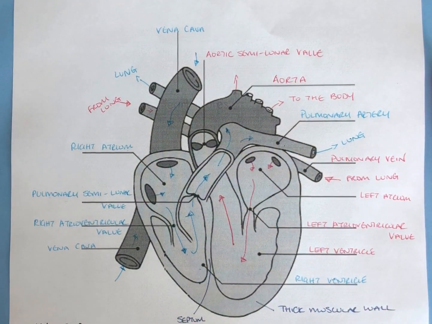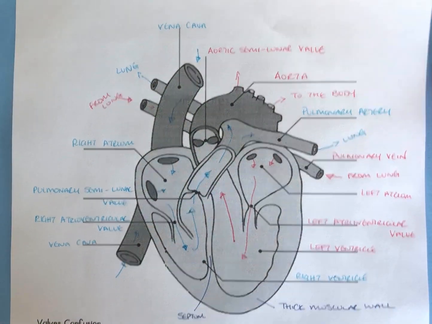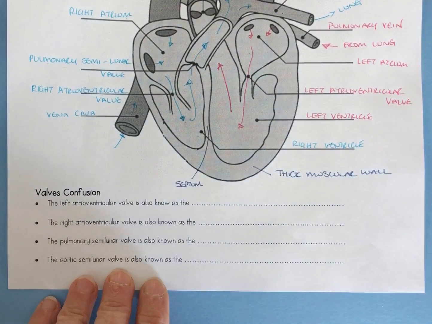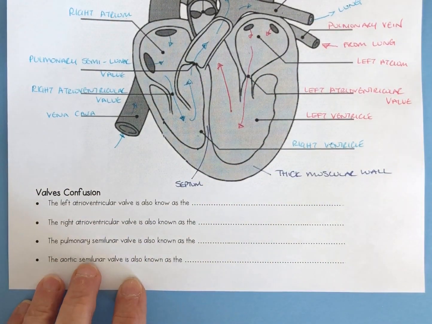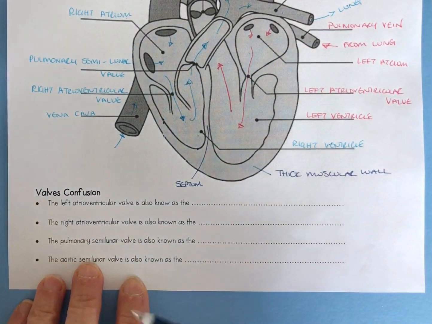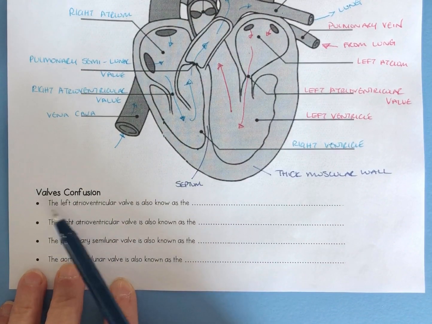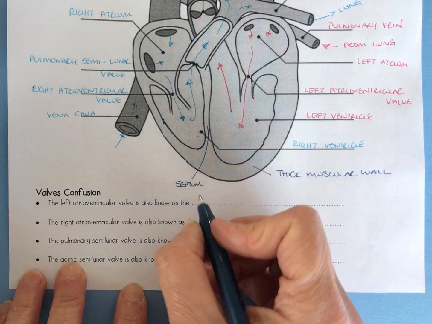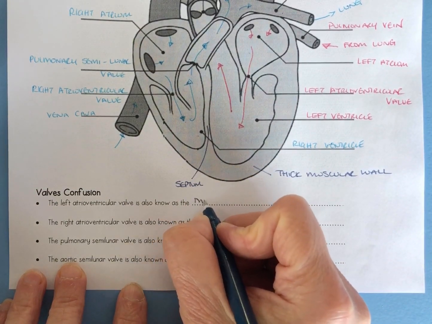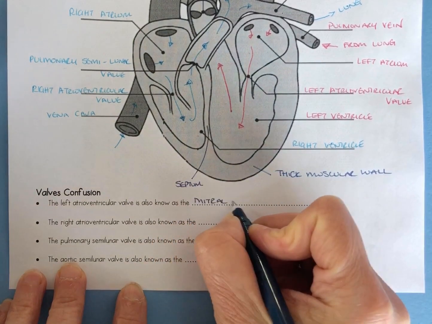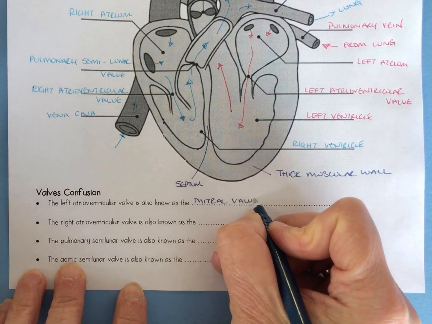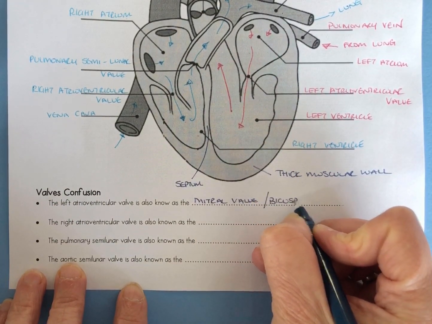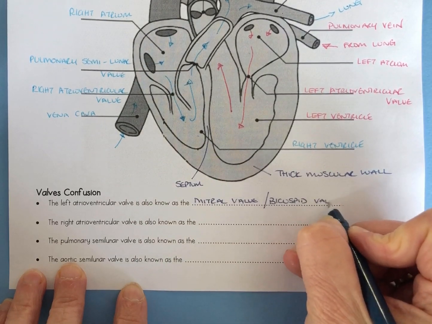Just a couple more things, if I move this up for you. There are different names for different valves, because hey, it's biology and why would there not be? So I'm just going to give you some names for them. The left atrioventricular valve can also be called the mitral valve, and also it's sometimes called the bicuspid valve.